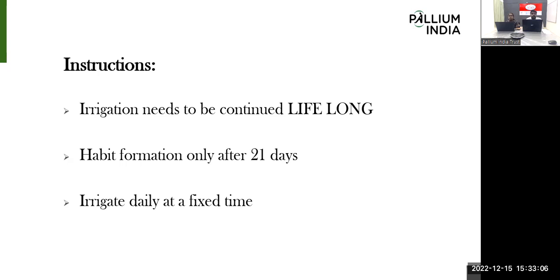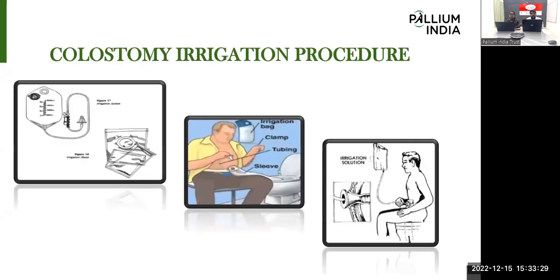After the 21 days, we can educate them to form the habit. They need to do the irrigation daily at a fixed time, because they need to train the colon according to the bowel movement. We mainly advise doing the colostomy irrigation one hour after a meal, at a fixed time.